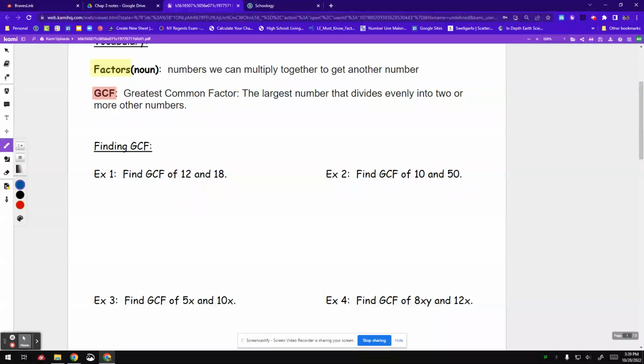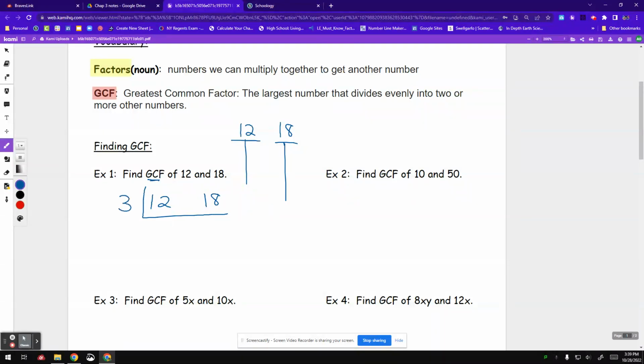A method that I use to find the GCF, the greatest common factor that many of you saw in 6th grade, is the ladder. There are other methods. You can use the T-chart to list all of your factors of 12 and all of your factors of 18. But it seems like you guys really remembered this ladder.